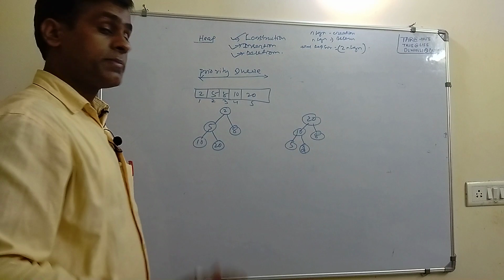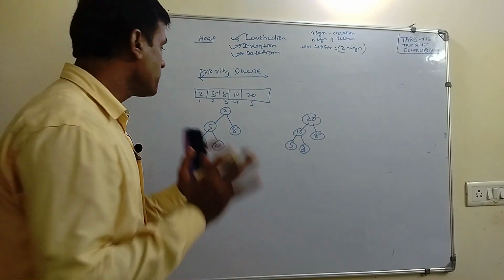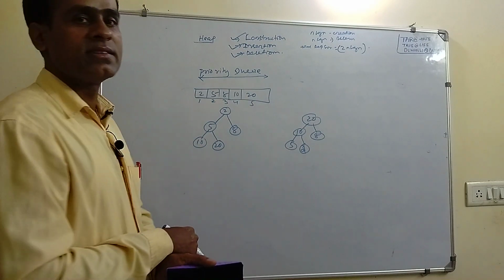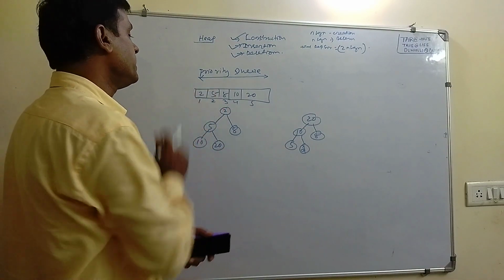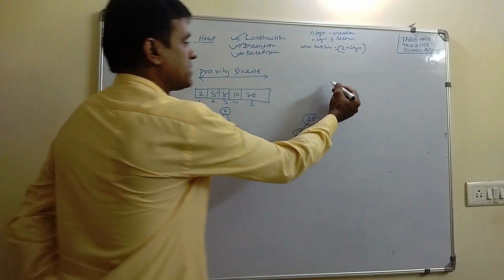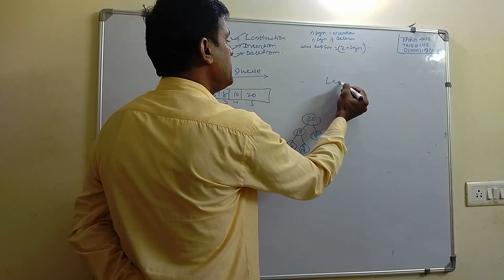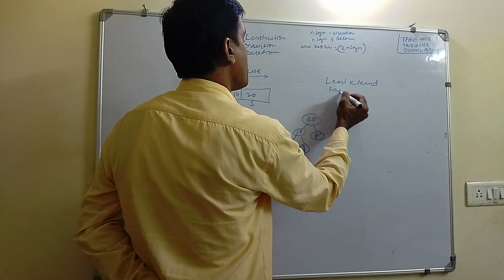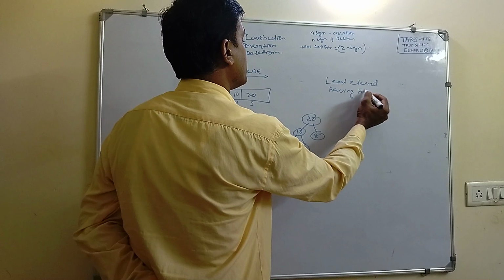Suppose we want to explain the last concept, that is the priority queue. Priority means the number itself is the priority. Suppose you want to delete 5, 2. You are taking two cases. One is least element having highest priority.